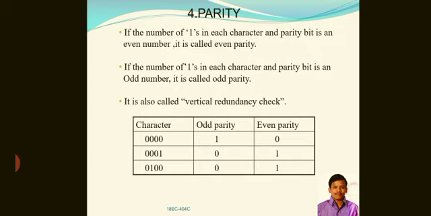We can use any one, either odd parity or even parity. The important note is that if at the transmitter you are using the odd parity method, at the receiver also we have to use the same method followed at the transmitter. Only then are we able to find the errors correctly.